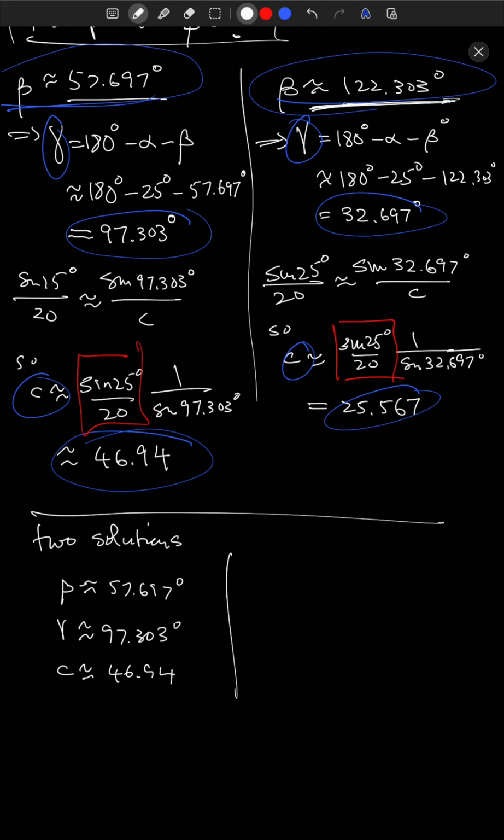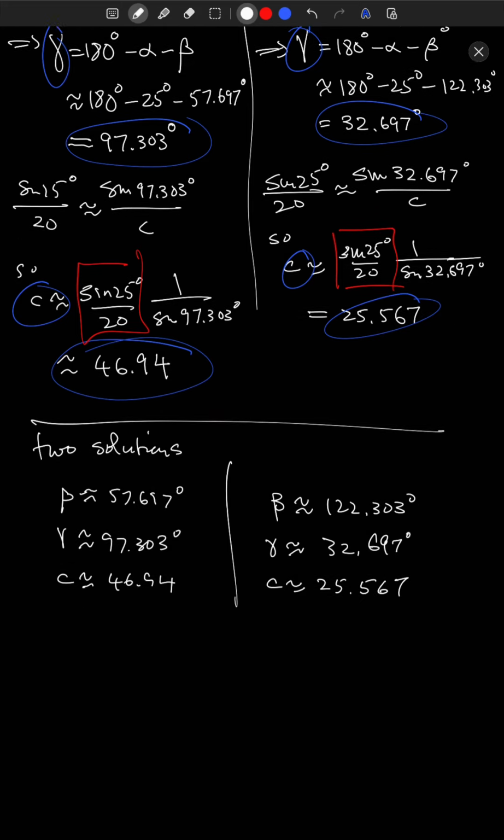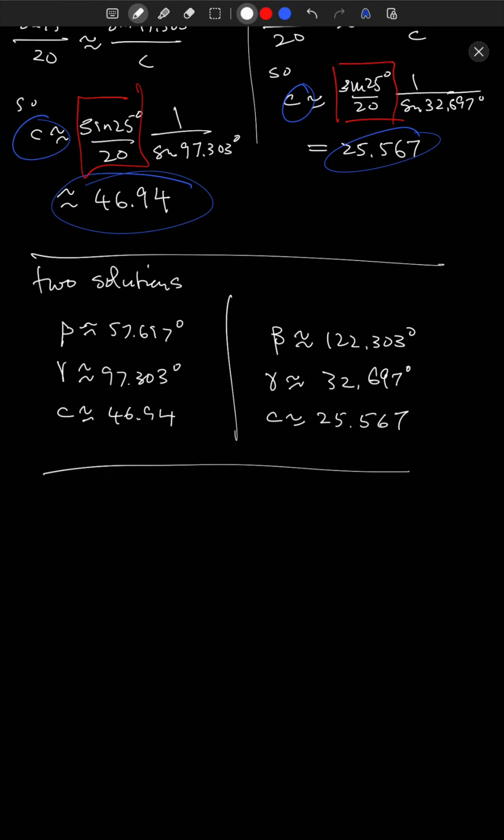And then on the other side, we have beta approximately 122.303, gamma approximately 32.697, and C approximately 25.567. And when you use your calculator for these problems, it's a good idea to keep 3 to 4 digits, so that when the online solution checks your answer, you'll have less chance of having an error.